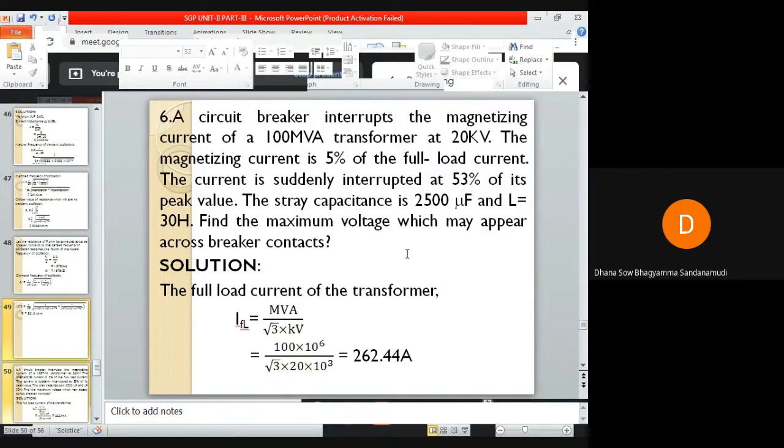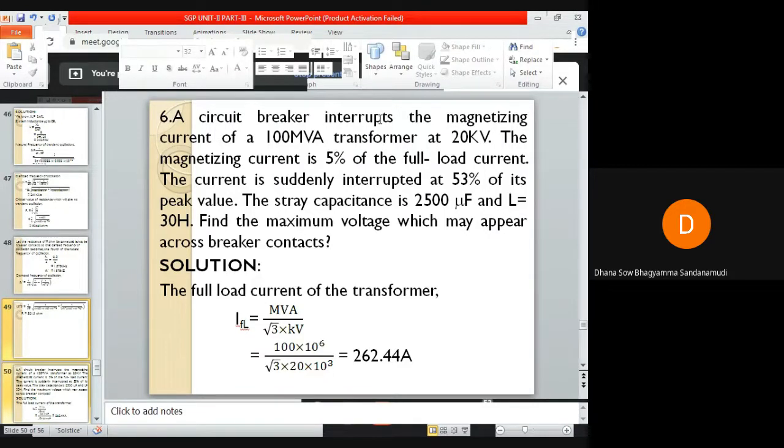You must carefully read the questions in this subject especially. So it might be a no-load transformer winding or a shunt reactor connected to the circuit breaker. Whenever the circuit breaker has to interrupt magnetizing currents, that is low inductive currents, current chopping will occur, which means current will be interrupted before its natural current zero. All these things should come to your mind whenever you are reading the question.